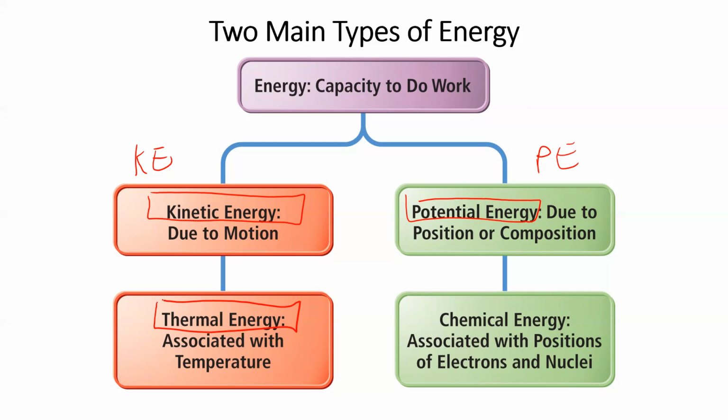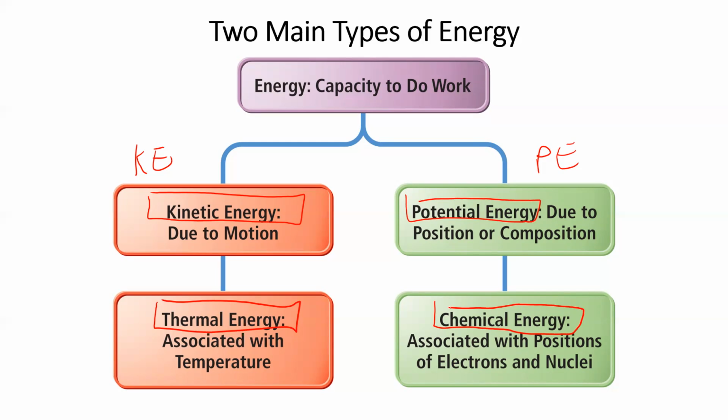Now, when you think of chemistry in the sense of potential energy, that's what you hear a lot of times referred to as chemical energy. Chemical energy is the energy that's stored in the bonds of reactants and products, really in all molecular structure. You have bonds which are made of electrons.